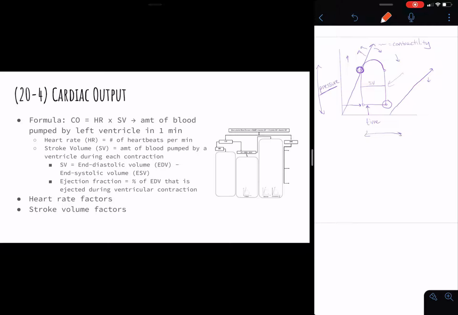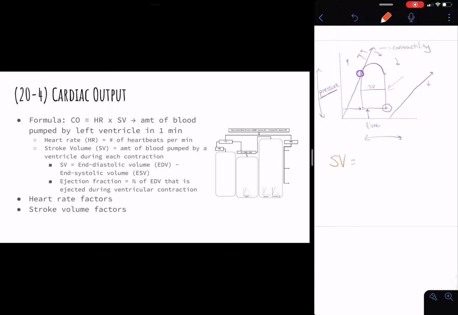So we can measure stroke volume by finding the end diastolic volume, or EDV, and subtracting end systolic volume from that value. So if we were to write that out, stroke volume equals the end diastolic volume minus the end systolic volume.